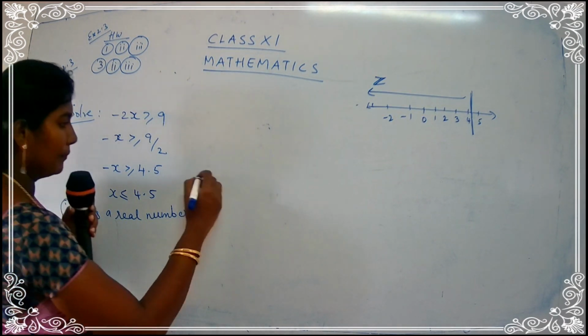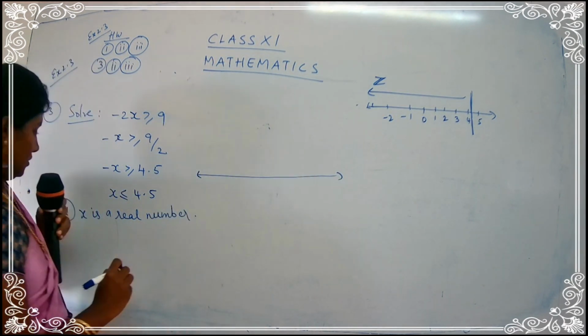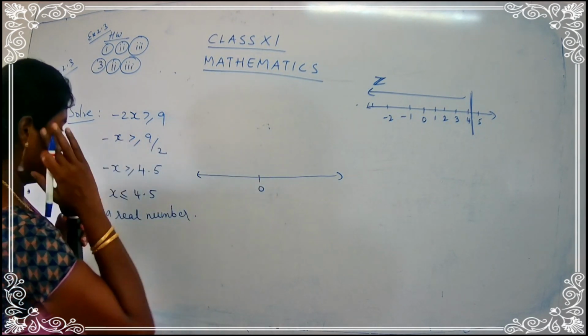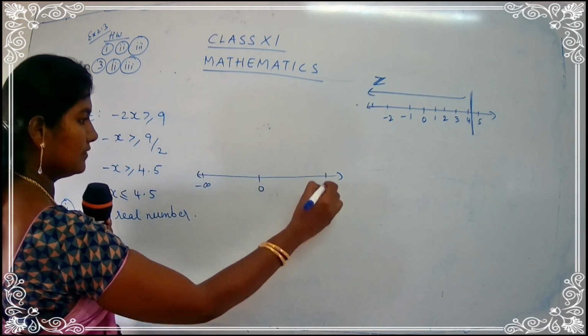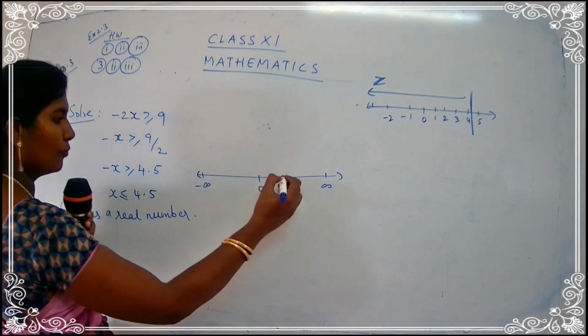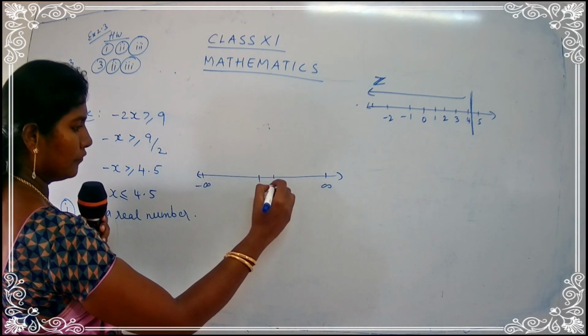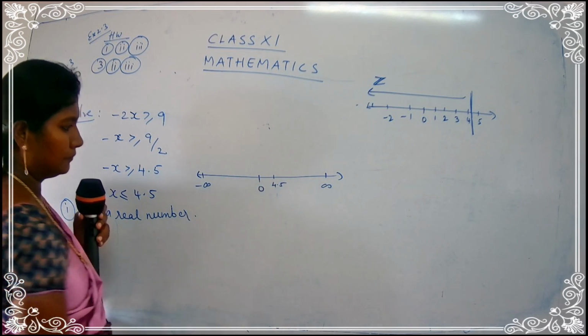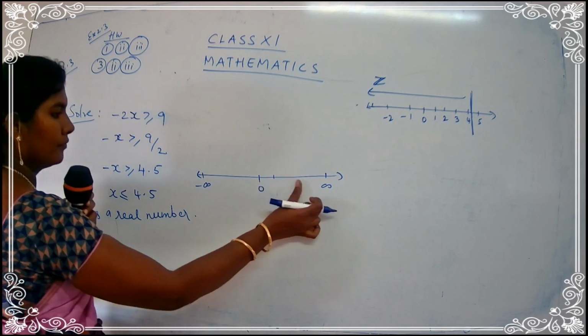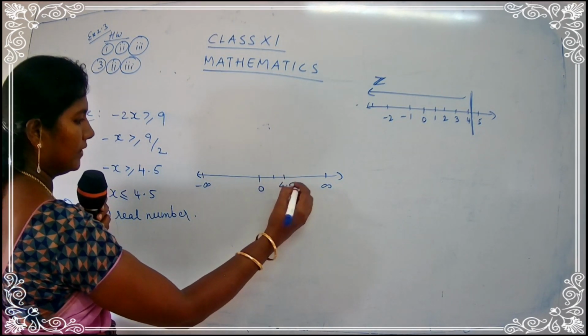I'll just draw a number line. I'll put here 0, minus infinity, plus infinity. X is less than or equal to 4.5, so 4.5 somewhere here. Clear? So I write 4.5.